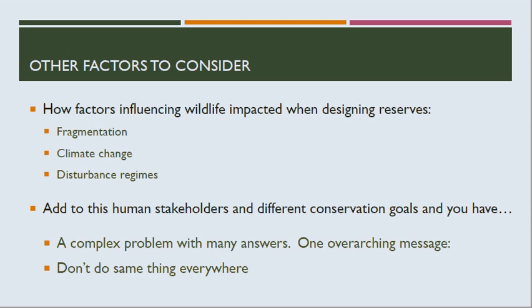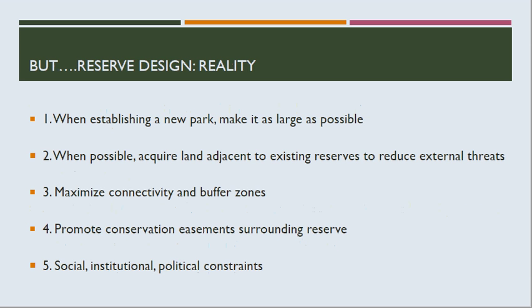Okay? Some of the things, though, which you probably should go back to is it's very similar to those original Jared Diamond principles. Make the thing as large as possible. Try to create a buffer zone. Maximize connectivity between different reserves.